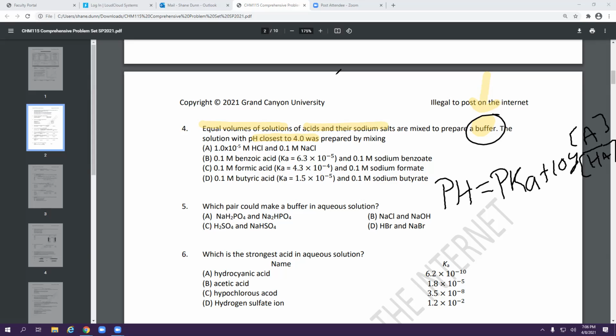So, let's look. If you look kind of quickly, there's a problem with a lot of these. First off, look at A. What's the problem with A? We're making a buffer. What's a buffer? It's a weak acid and its conjugate base, or a weak base and its conjugate acid.